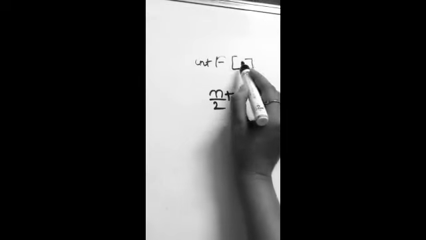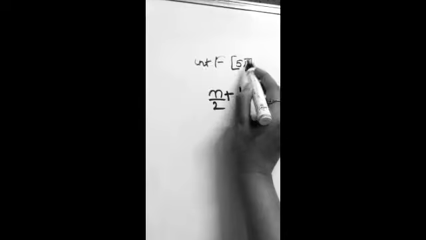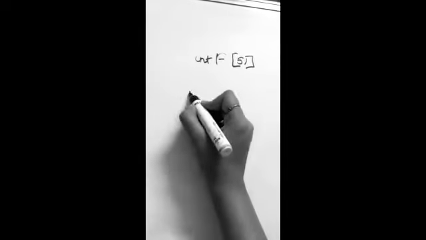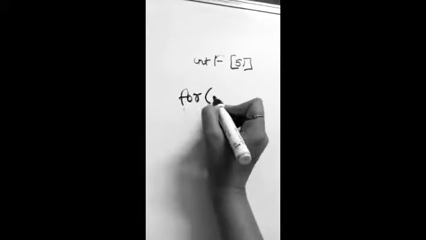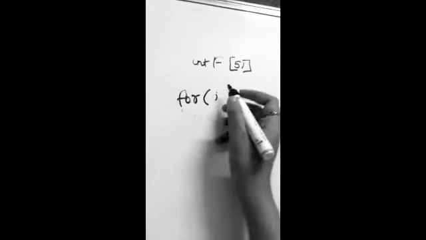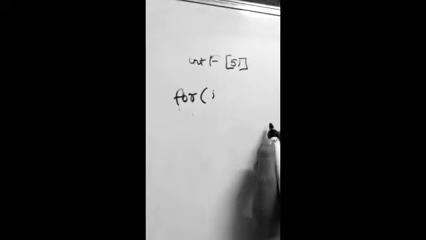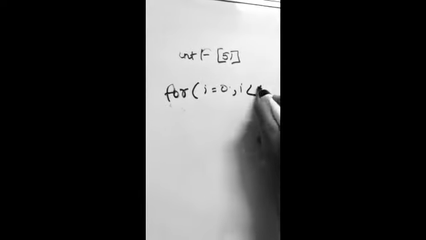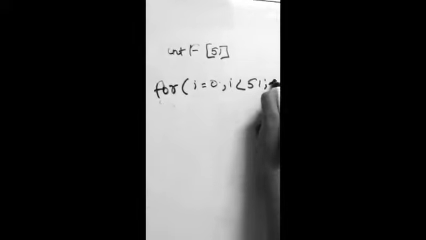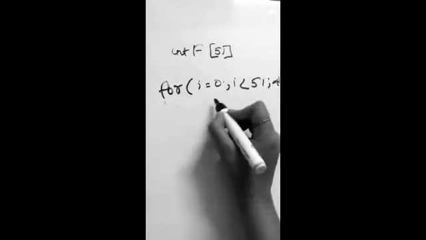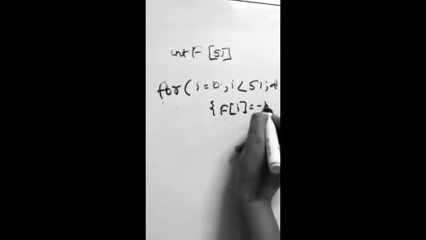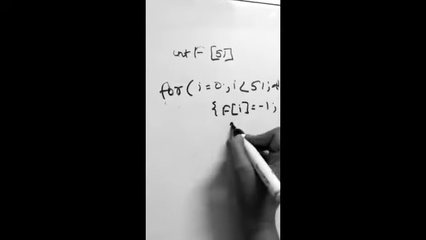So if we have 100, we are going to find for 51 elements. And then I'm going to set a for loop in the main function. We have not started our Fibonacci function yet, and we have the limits, and here we are going to set f[i] equal to -1, and it is getting stored in the memory.